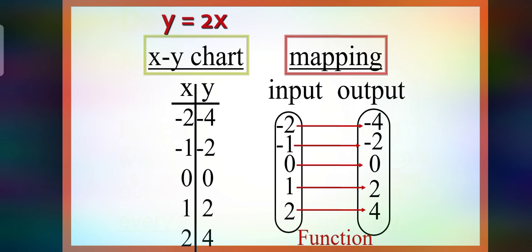So in this case, the equation y is equal to 2x is an example of a function since through mapping we have a one-to-one function.